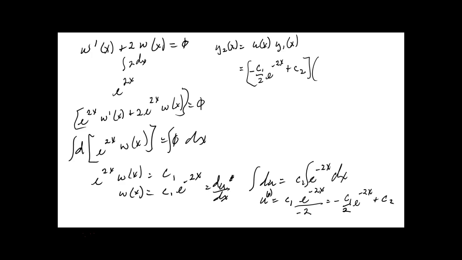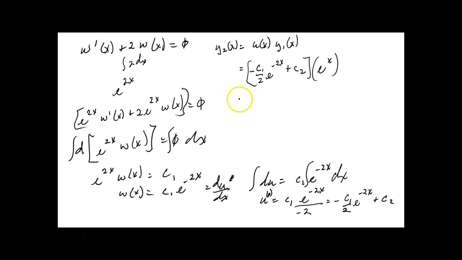Okay. All right. And our y1 was e to the 2x, wasn't it? No, it's e to the x. Yeah, y1 was e to the x. So this was e to the x.